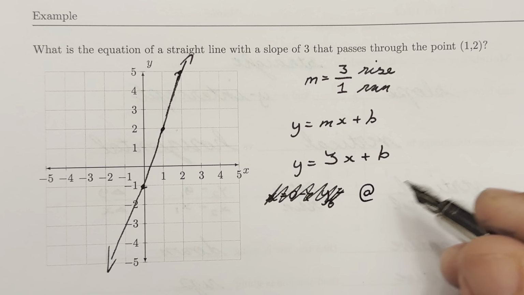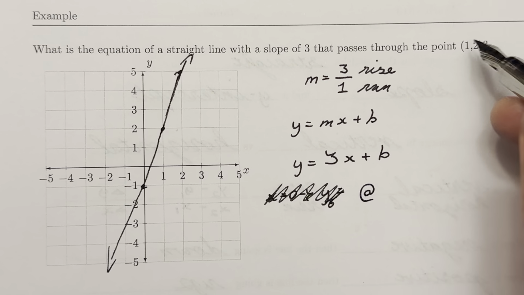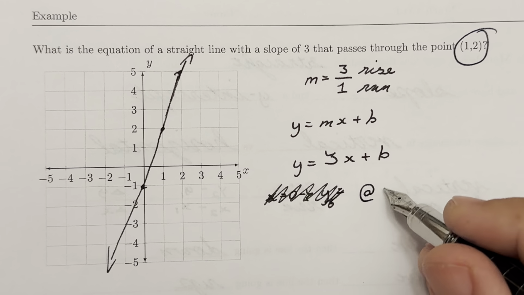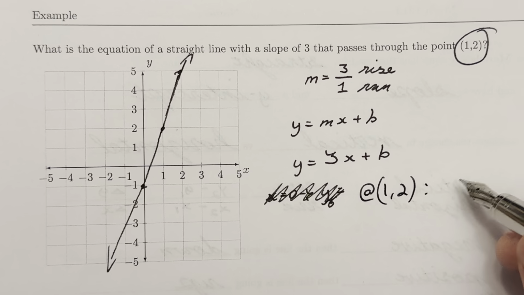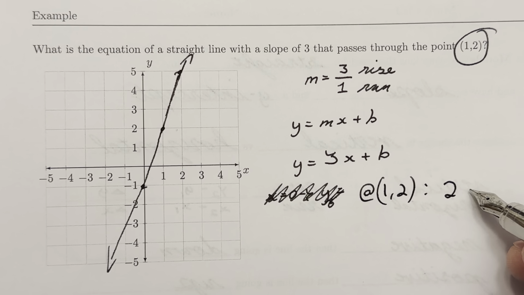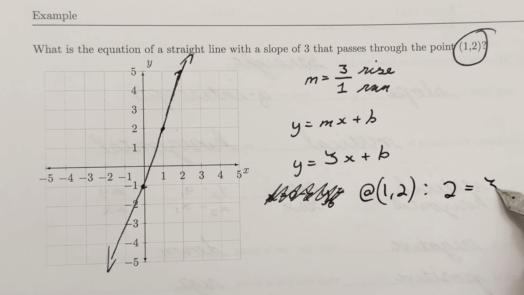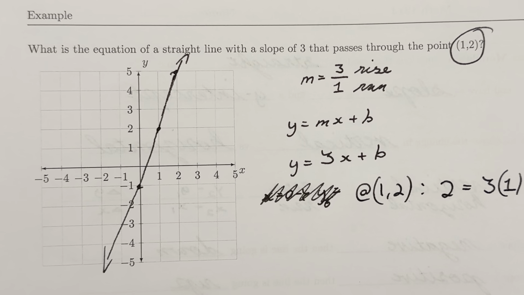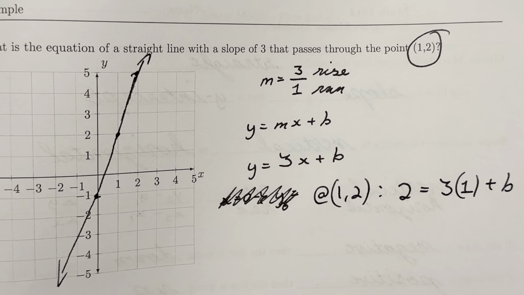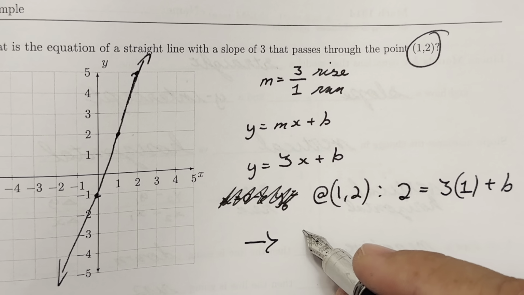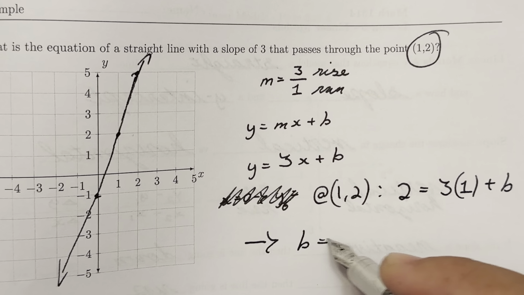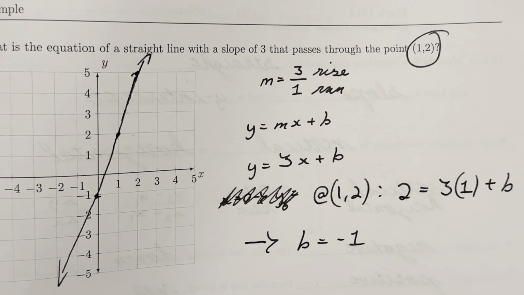We look at the point 1, 2, because that's the point that's given. So at 1, 2, where y is 2, x is 1, solving for b, we find that b equals -1.